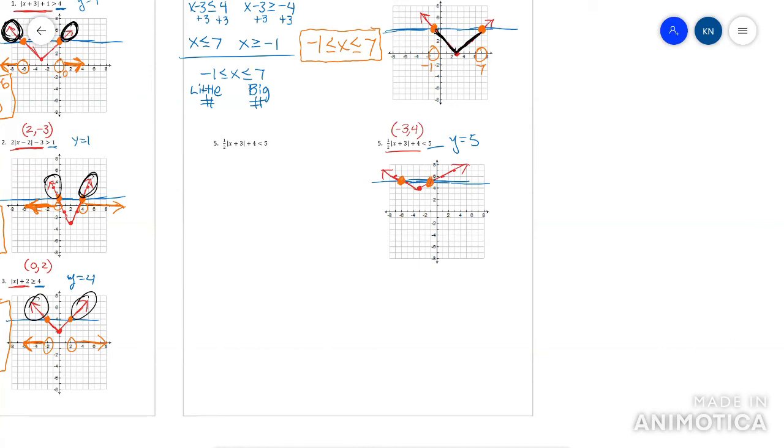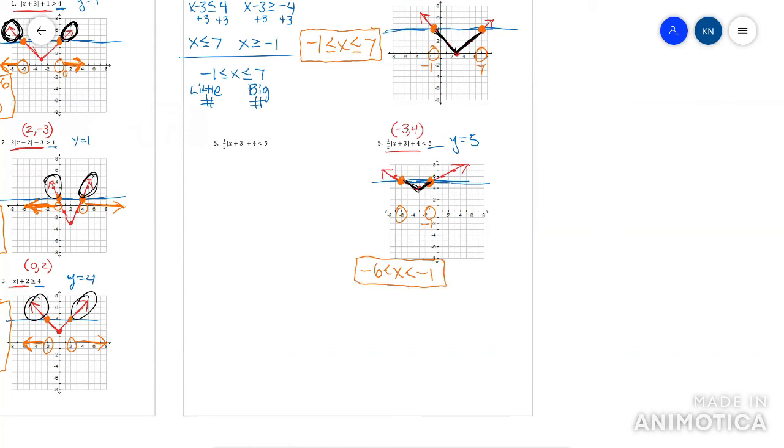All right, so now think about it. They're saying everything that's less than 5. So that's everything below that blue line. So it's this section here in black. So from -6 to -1. So -6 less than x less than -1, like that.